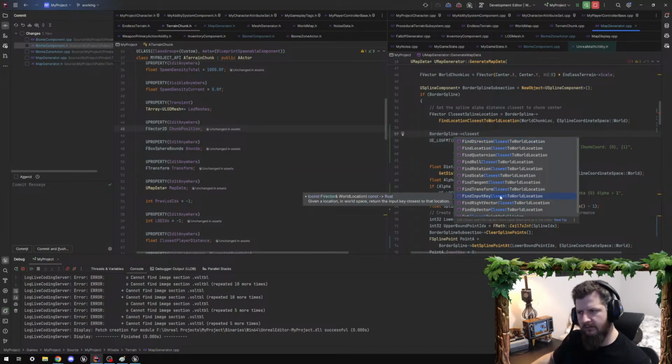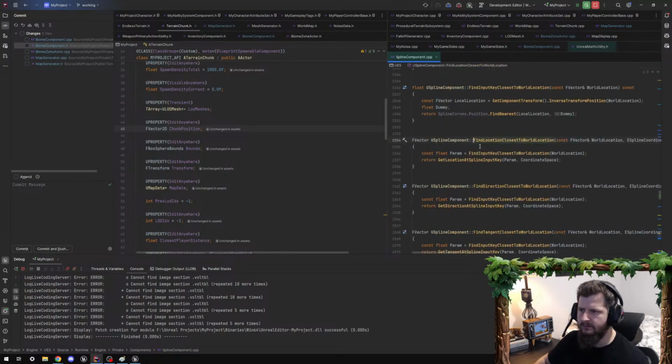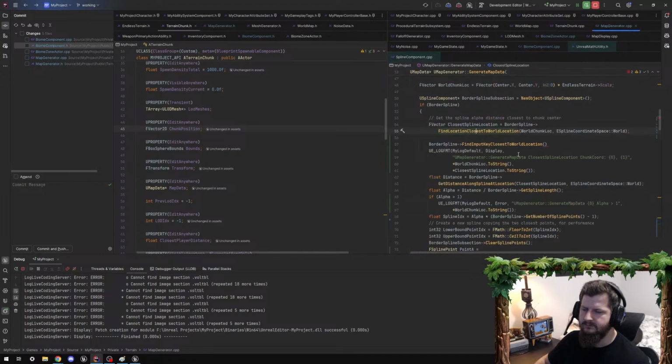There is find input key closest to world location. That's what this does. So wait, does that get a spline point?